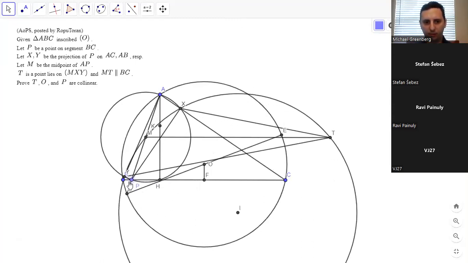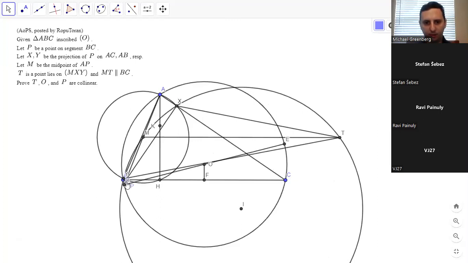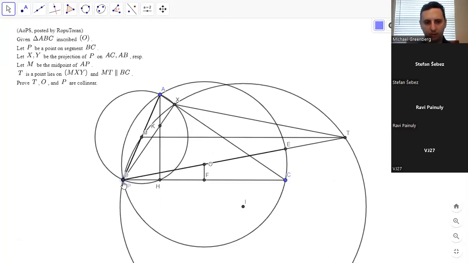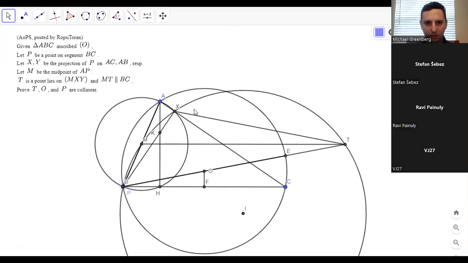So yeah, I wonder if P is equal to B, let's see if it's obvious. If P equals B, then we're okay. Then we take the circumcircle.